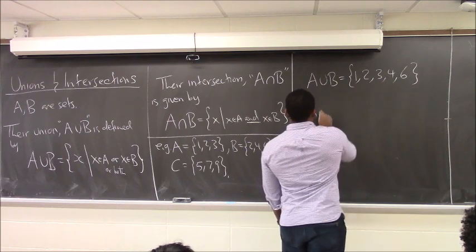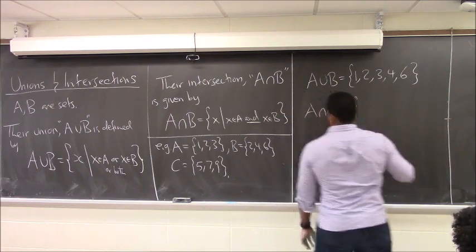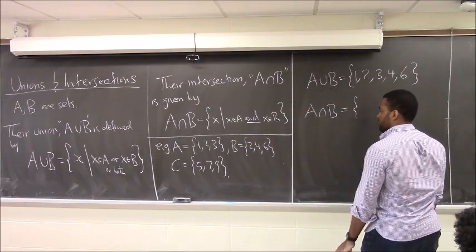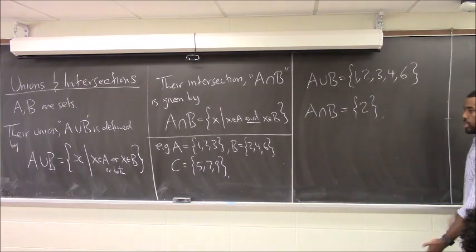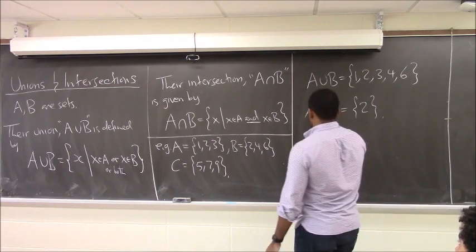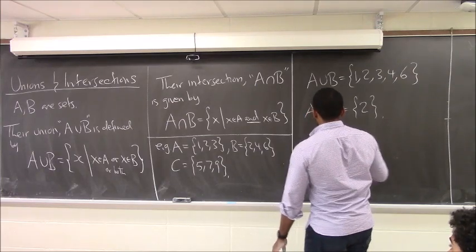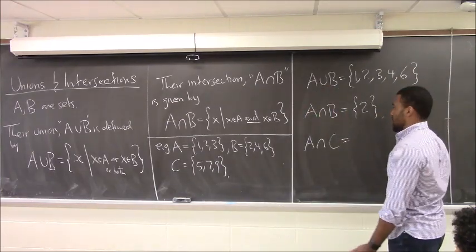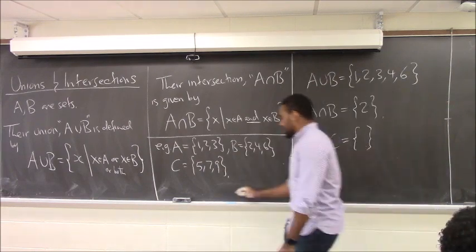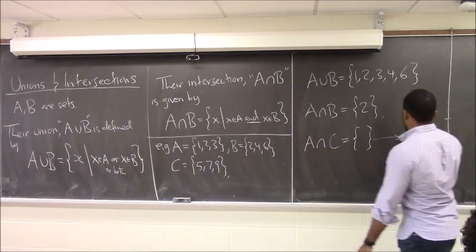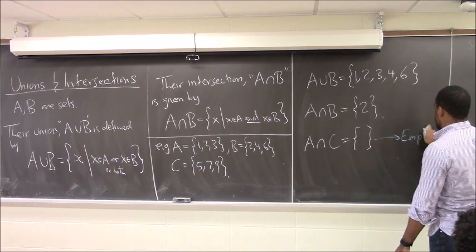That's the list of things you can find either in A or B or both of them. If you look at A intersect B, what is that? 2. 2 is the only thing that is in both of them at the same time. What if I were to look at A intersect C? There's nothing. You can write literally nothing like that. This, by the way, is called the empty set.